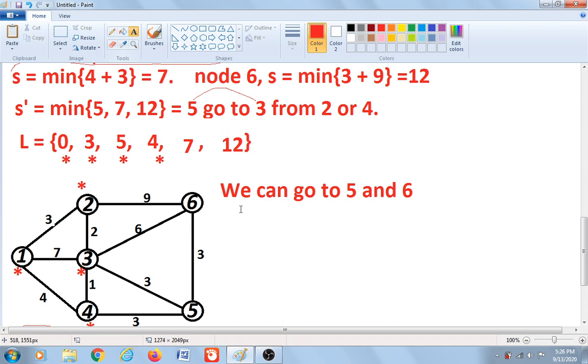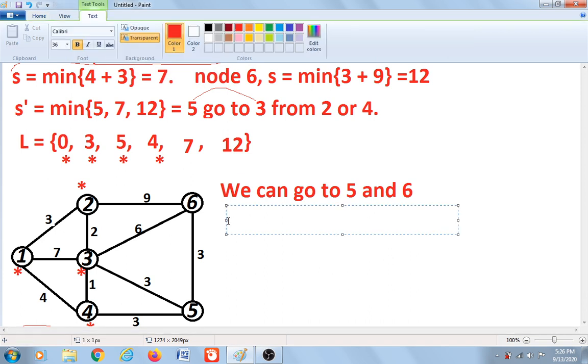Okay, now going to go to 5. So s will be the minimum of, so go to 5. Okay, we can go to 5 from 4 and from 3.